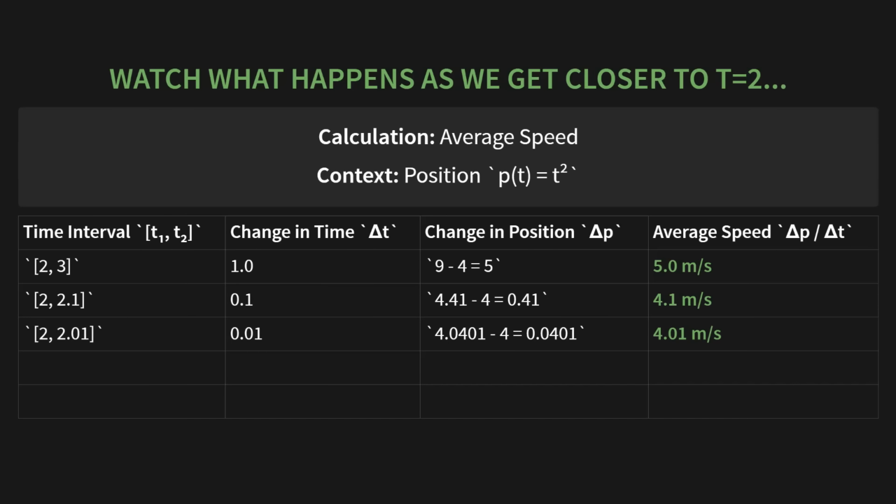Interesting. Let's get even closer. The interval from 2 to 2.01. Delta t is now tiny, just 0.01. Delta p is 4.0401 minus 4, which is 0.0401. And the average speed is 4.01 meters per second.